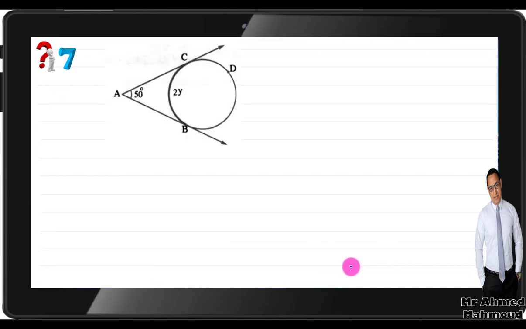Number 7, here we have also a circle, so this one equals 360 minus 2y. So 50 degrees equals half, open brackets, 360 minus 2y minus 2y.